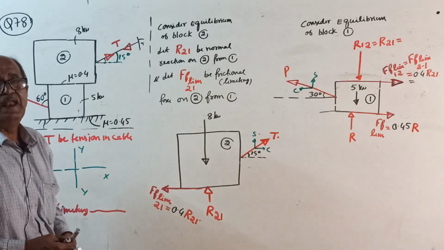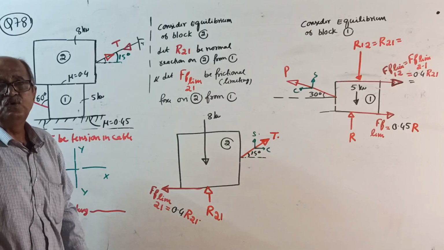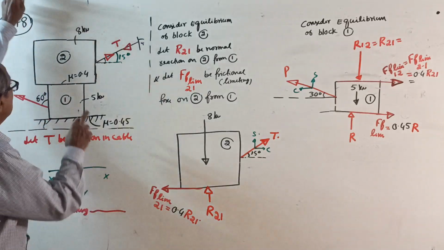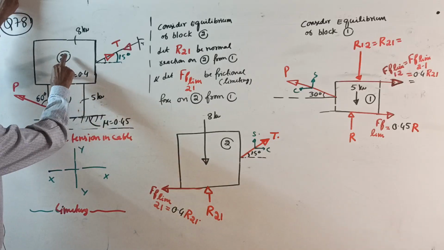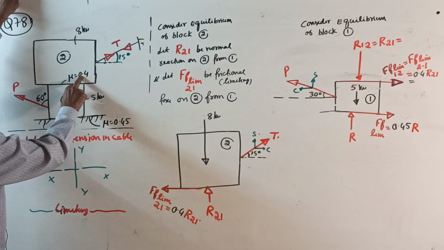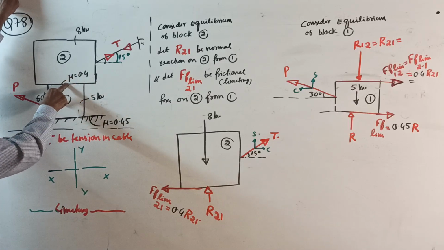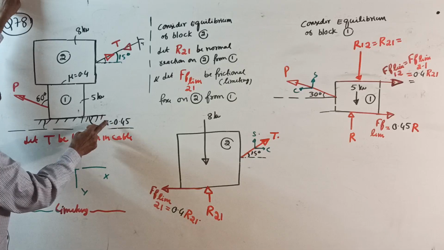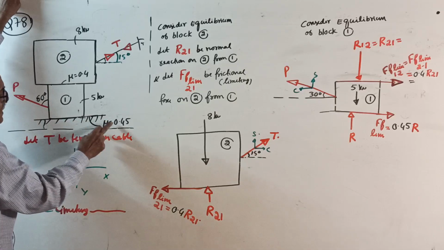I won't waste time telling that frictional force equals mu into normal reaction. So for this contact, either for block 2 or for block 1, frictional force is 0.4 times whatever the normal reaction is here. This base normal reaction is whatever normal reaction here into 0.45.